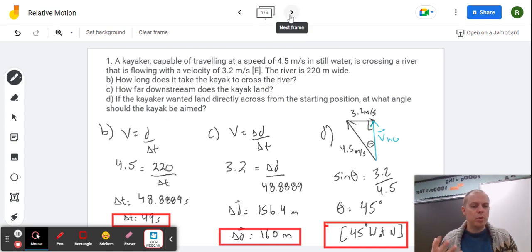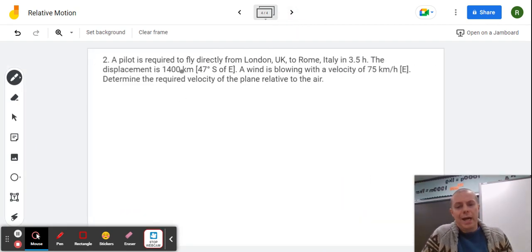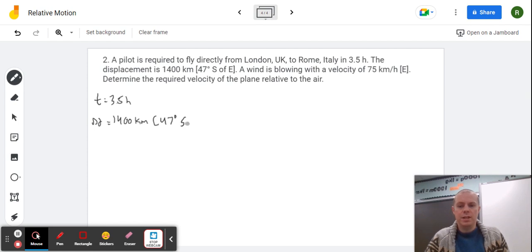Okay, let's take a look at one more problem, this time dealing with an airplane. Okay. So a pilot is required to fly directly from London to Rome in 3.5 hours. The displacement is 1,400 kilometers, 47 degrees south of east.